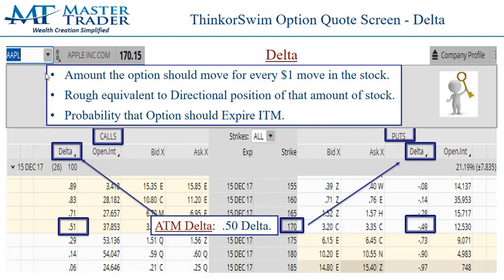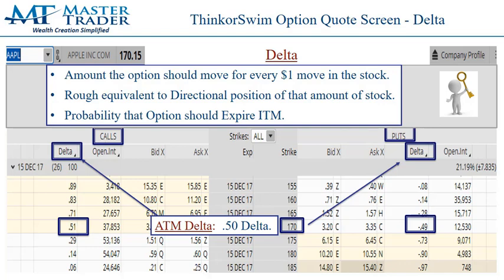Here's another way of using delta. It's the rough equivalent to a directional position of that amount of stock. If you bought 1 contract of the call option, the 170, remember we said that 1 option equals 100 shares. So 0.51 of 100 shares would be roughly 51 shares.